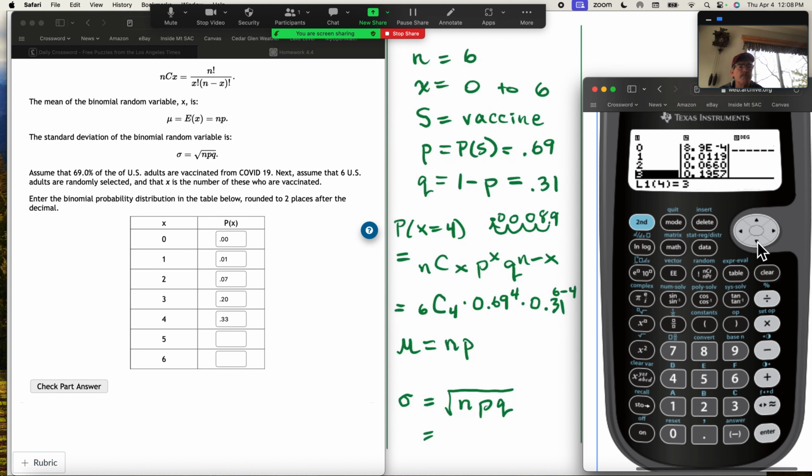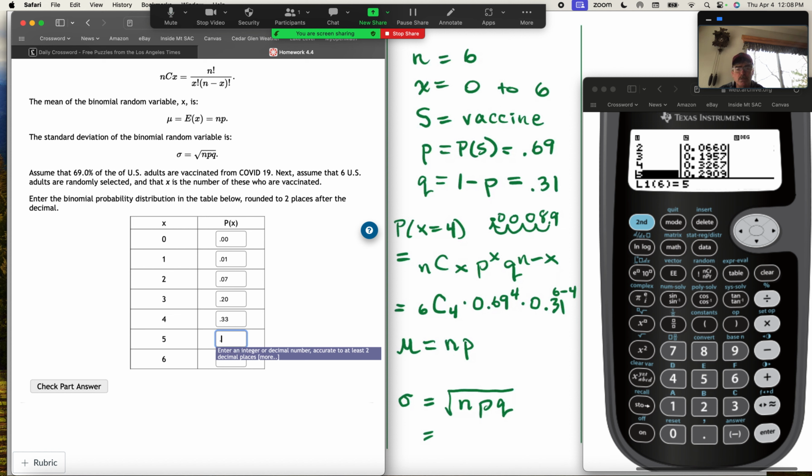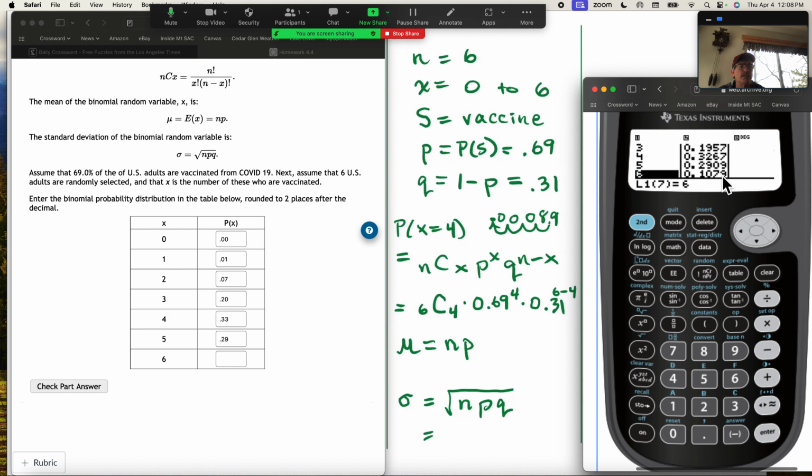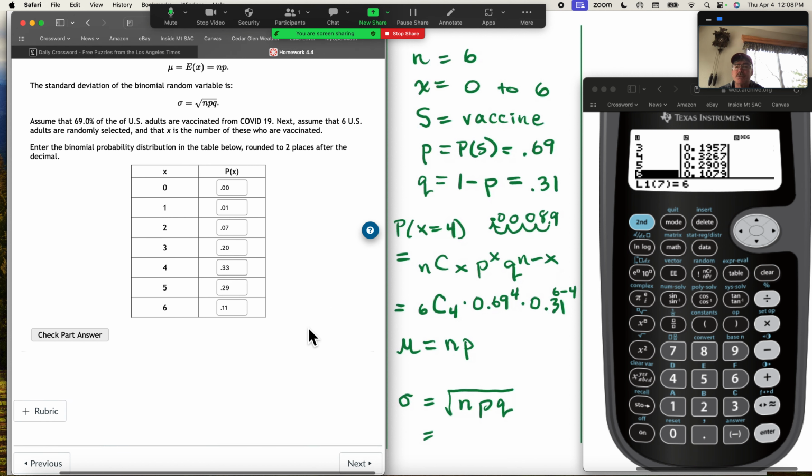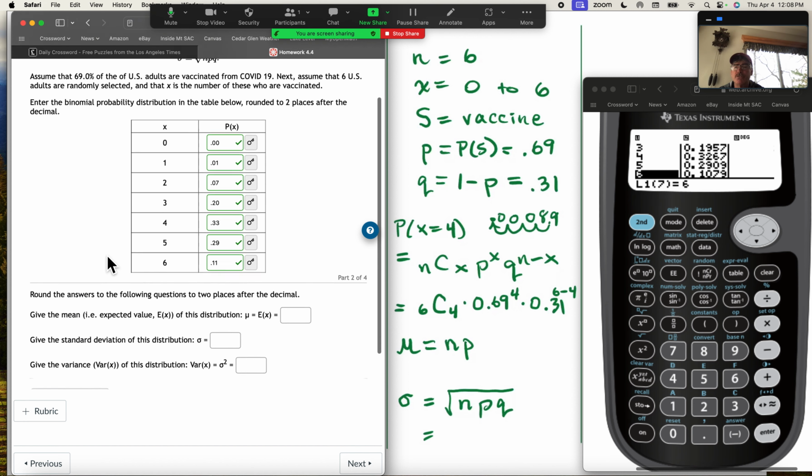Let's check. Yeah, that's right. It rounds to 33%. 5 successes is going to be 29%. And then 6 successes, last one, about 11%. So we'll put 0.11, like that. Okay, so those are all of our probabilities. Should be okay. Looks good.